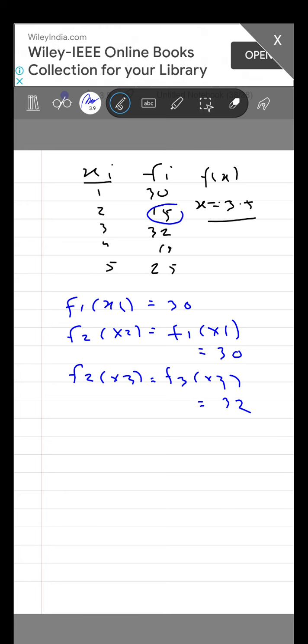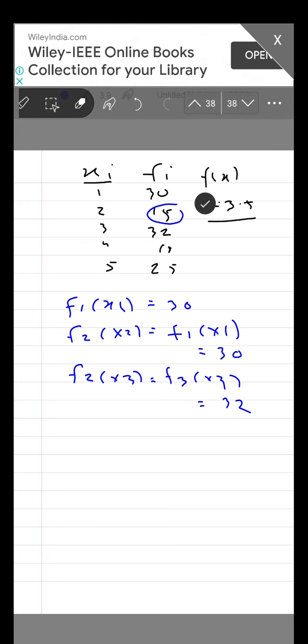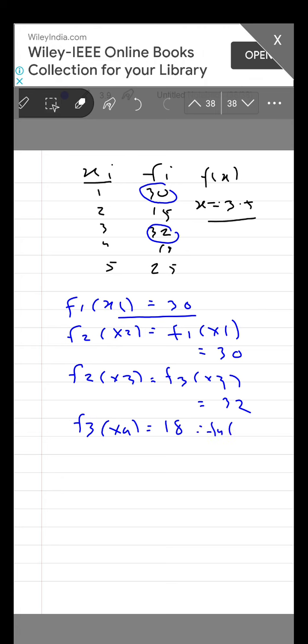This is the point, this is the point, and this is the point. We have f3 x4 equal to 18, which is equal to f4 x4, and we have f4 x5 is equal to again 25. So this is the first condition, the joining of the points.